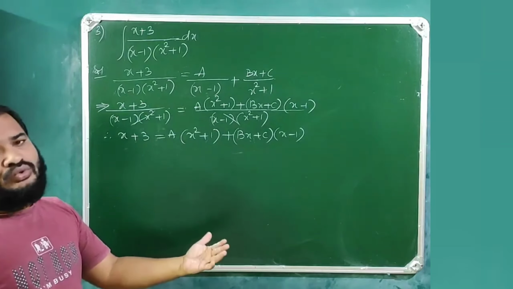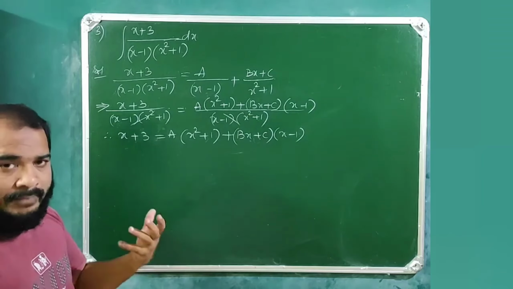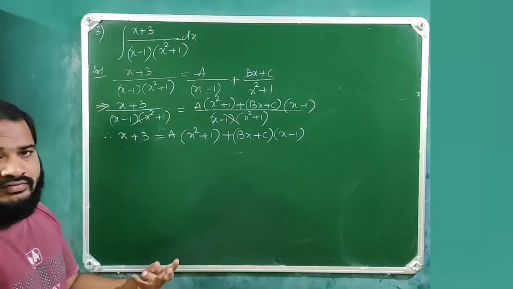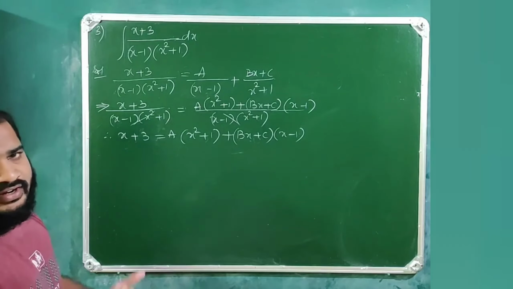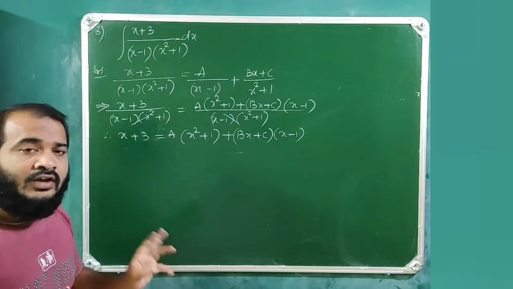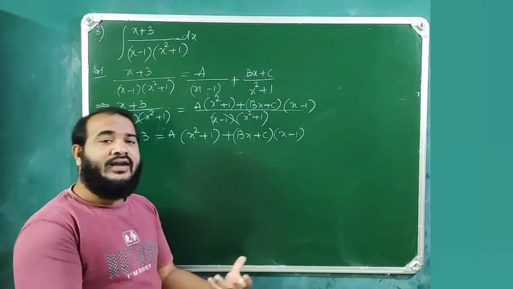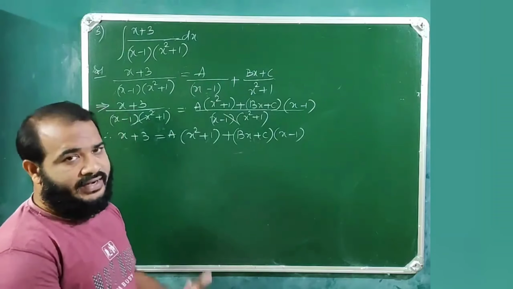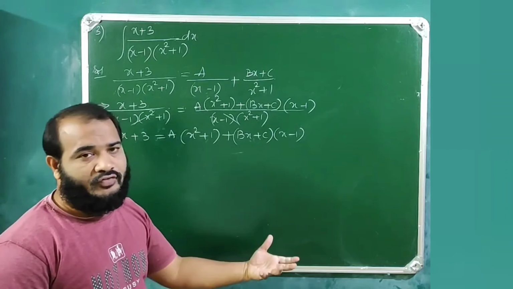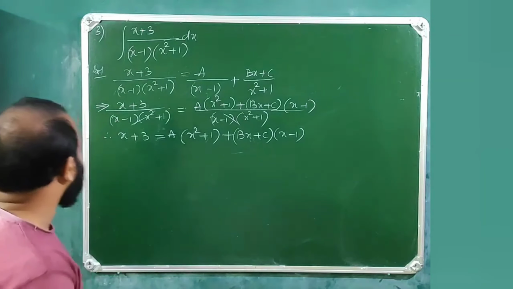And the remaining two we will obtain by just comparing the coefficients, because we don't have other linear factors. Only x minus 1 is the linear factor for which we get one of the three constants, and the remaining we will obtain by comparing the coefficient of x square on both sides, or x, or constant. So let us do that.